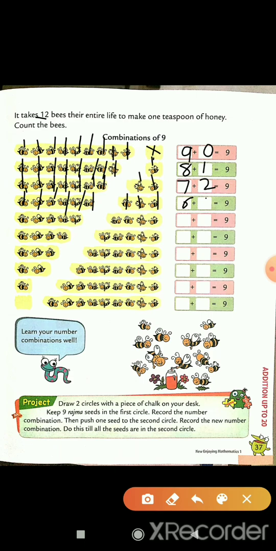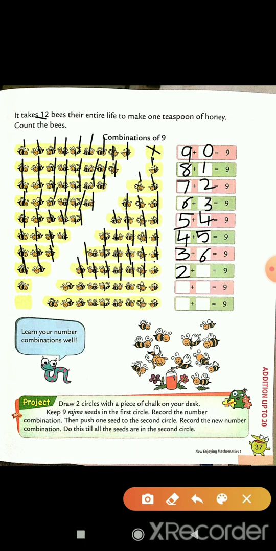1, 2 and 3. So write 3. Then 1, 2, 3, 4, 5. Next, 1, 2, 3, 4. 1, 2, 3, 4, 5, 6. 1, 2. 1, 2, 3, 4, 5, 6, 7.